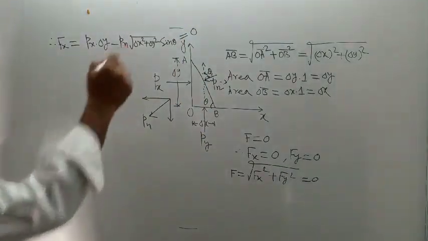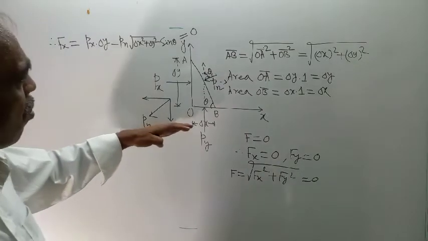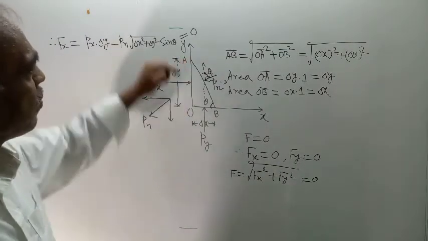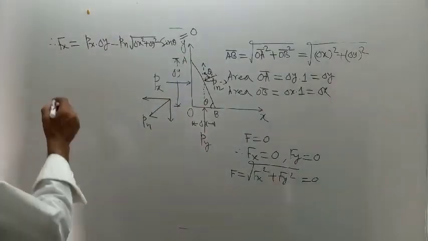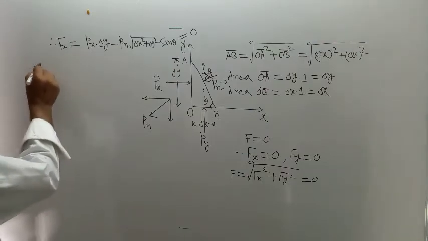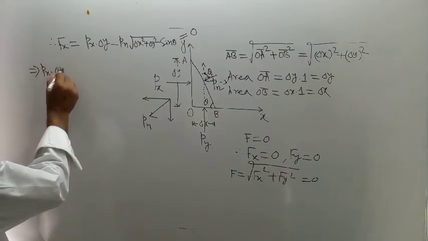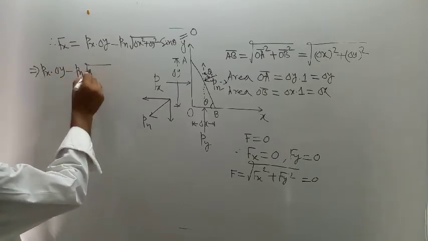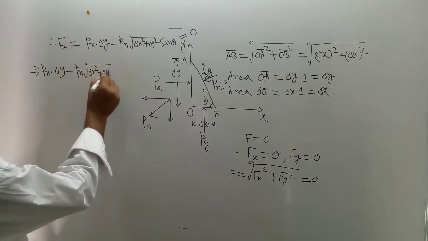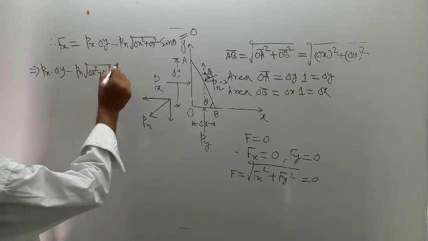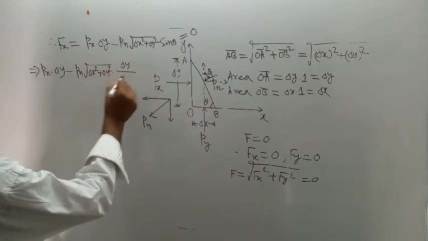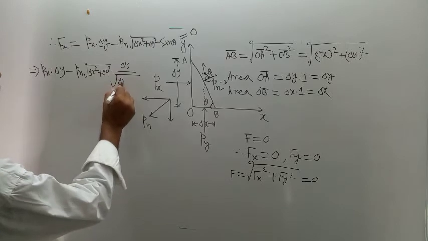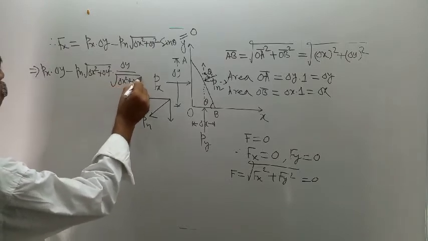Sine theta is equal to delta y divided by this. So from here we write Px into delta y minus Pn into root over delta x square plus delta y square into sine theta, that is delta y divided by root over delta x square plus delta y square.